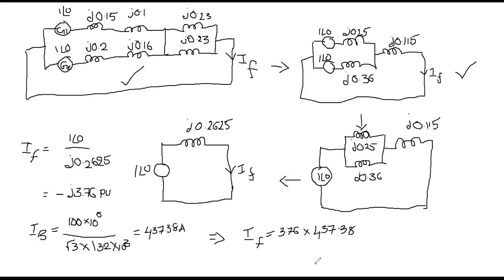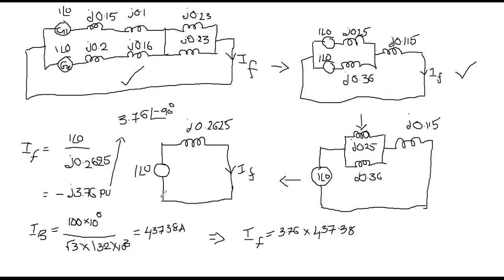Now, one doubt is arising in your mind: sir, what about minus j? You have not considered that minus j. Directly you have taken 3.76. So this can be written as 3.76 magnitude at an angle of minus 90. J is equal to 90 degrees, but here minus j means obviously you will get minus 90 degrees.